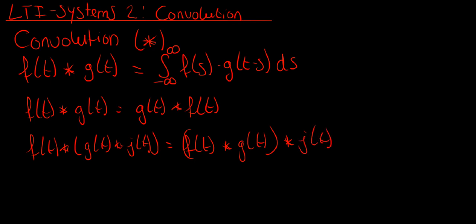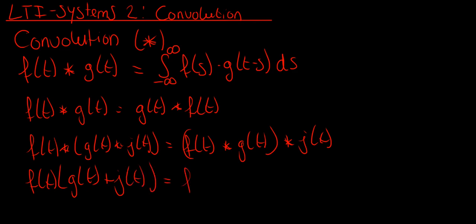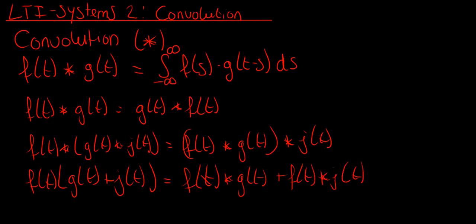It is also distributive, meaning that if we have something like this, it is the same as if we would convolute f with our g function and convolute f with our j function. These are just some properties.